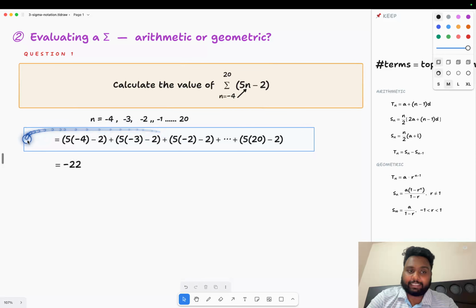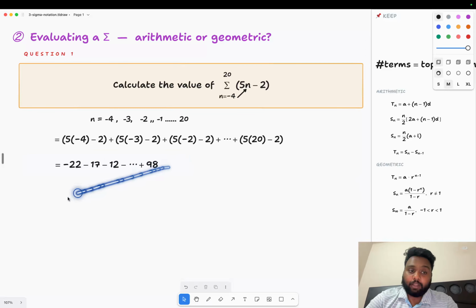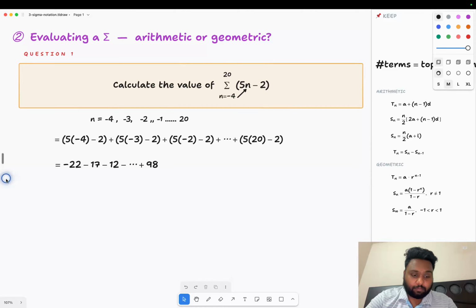So what will this sequence look like? The values are going to be minus 22, minus 17, minus 12, and 98 as the last term. So these are my terms. Now when I look at them, what type of sequence or series is this? From here till here, what is the common pattern?